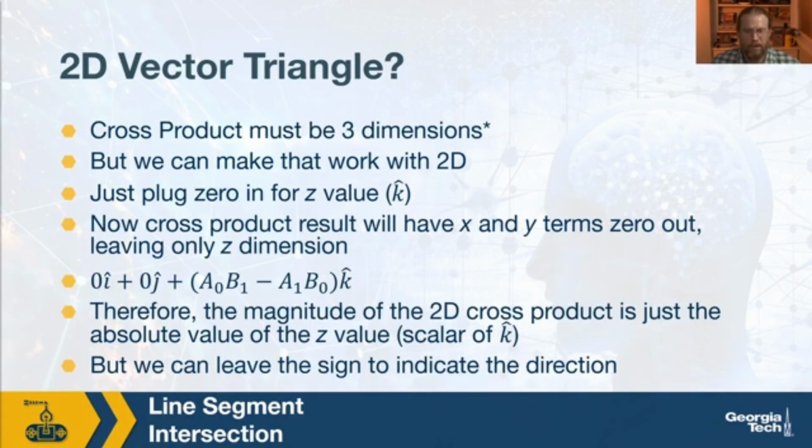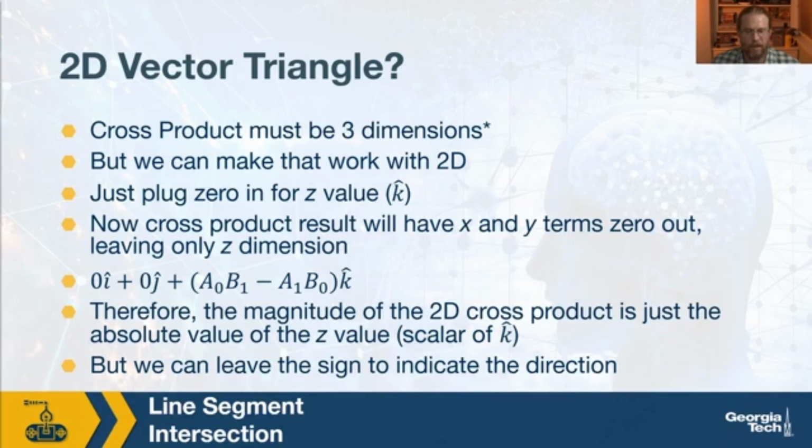Now we want to work with 2D triangles. Again, just the nature of how we're representing our discretized space. So that's easy to do. The cross product is defined for 3 dimensions and 7, but we have no use for 7 dimensions.